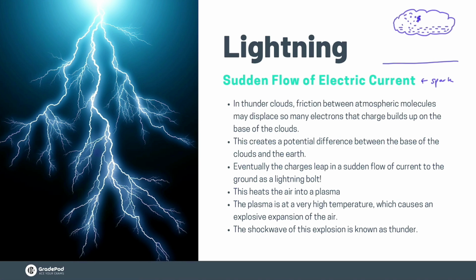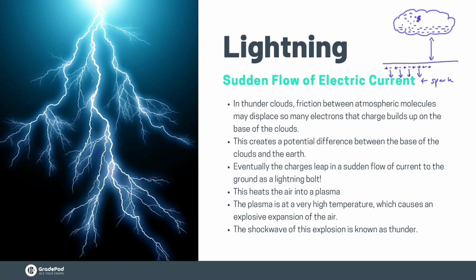What that has the effect of, because you imagine that the earth is neutral, it's got the same amount of positive and negative charges. But what the effect of the thundercloud is that like charges repel, don't they? So what will happen is that the electrons in the earth will repel away from the thundercloud.